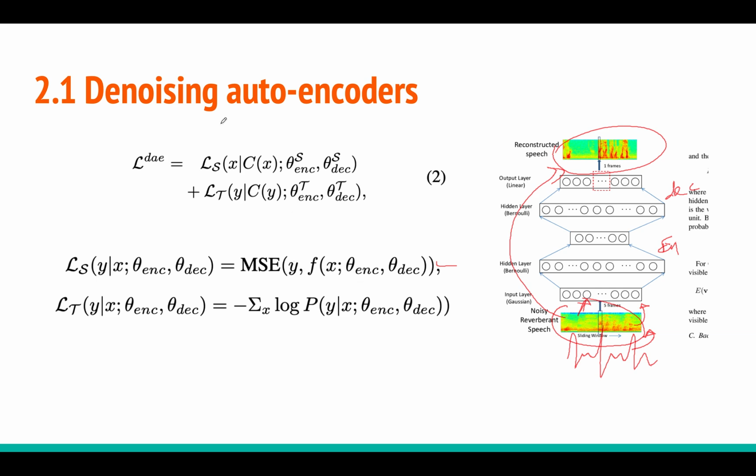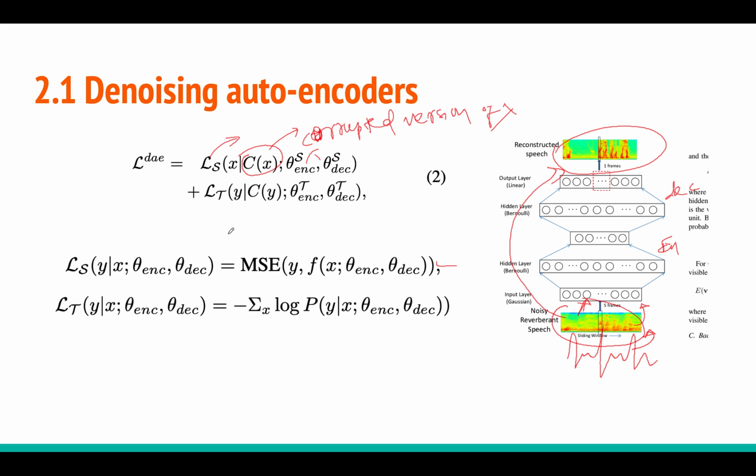And as you know, let's say L_S is the loss for the speech denoising autoencoder, which basically tries to generate X, the clean X, from the corrupted X, which is C of X, the corrupted version of X. You try to generate X from this corrupted version, and in the meanwhile you also learn the encoder and decoder parameters, which is theta encoder S, where S stands for the speech autoencoder model.